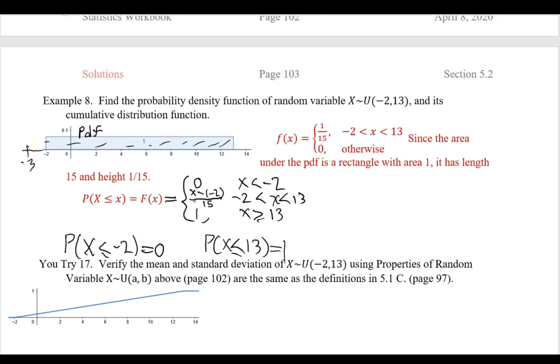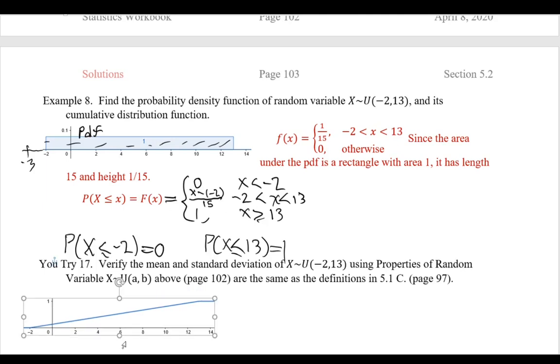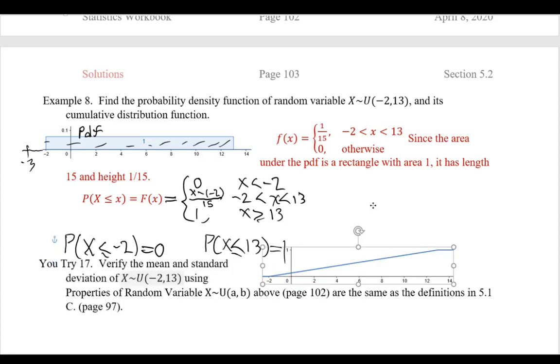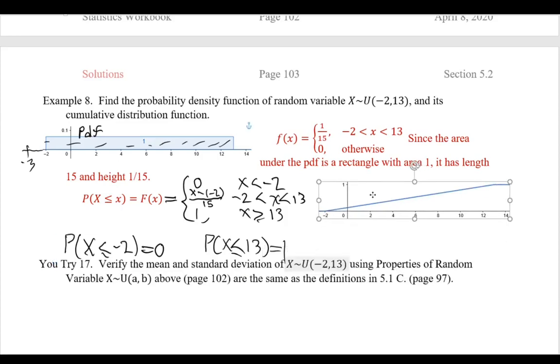If we plug in -2 here, we'll see that this will become 0. And then when we plug in 13 here, we notice that the number we'll get is 1. So this starts off at 0, rises up to 1, which is what we are aiming for. Here is the graph of the cumulative distribution function.